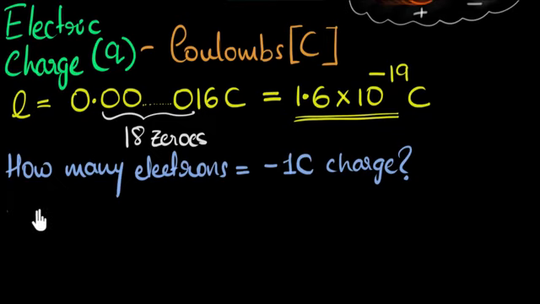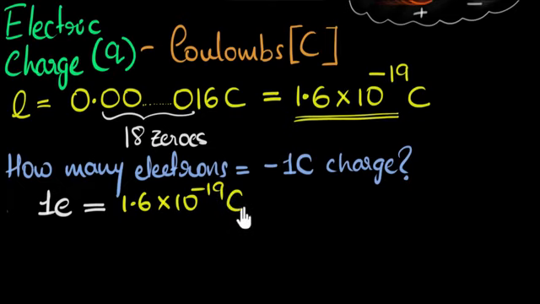So to do this, we know 1 electron is worth a charge of 1.6 times 10 to the minus 19 coulombs. And since it's an electron we're dealing with, it'll be negative. But I want 1 coulomb worth of charge, not this.